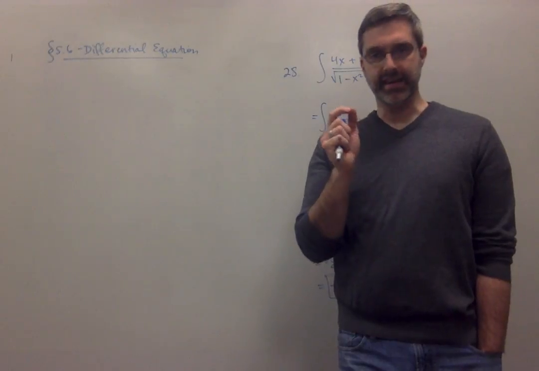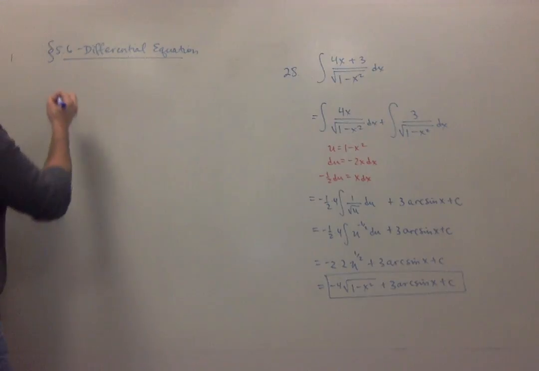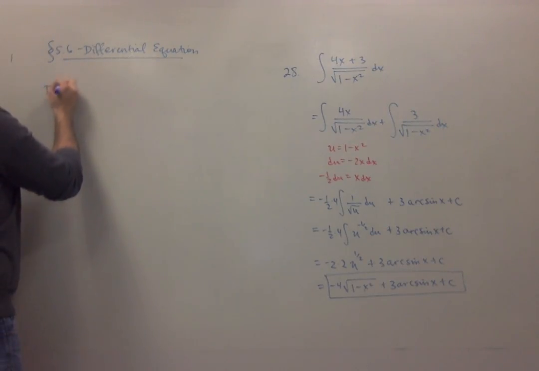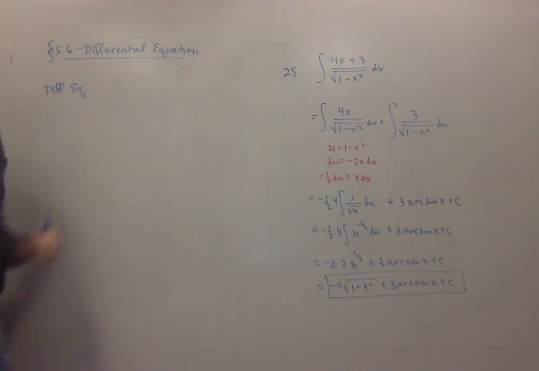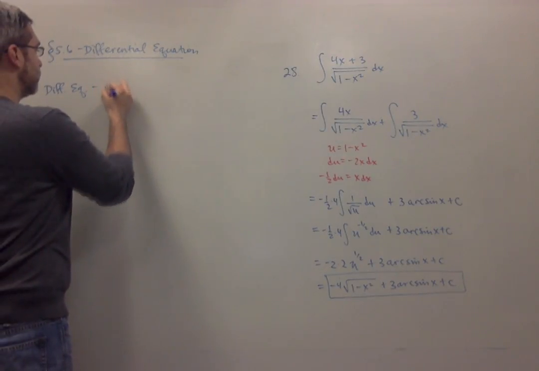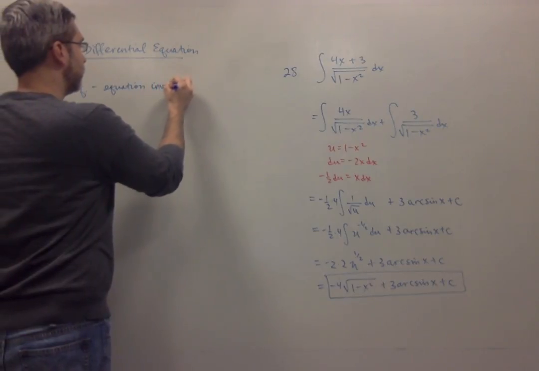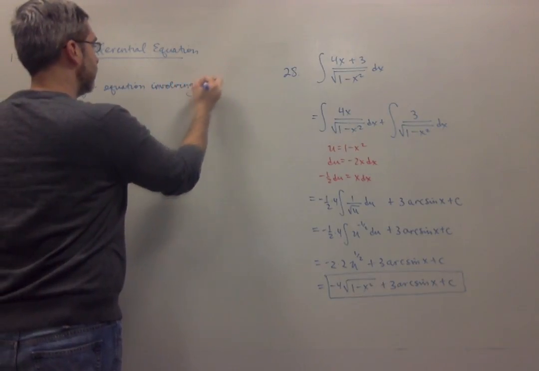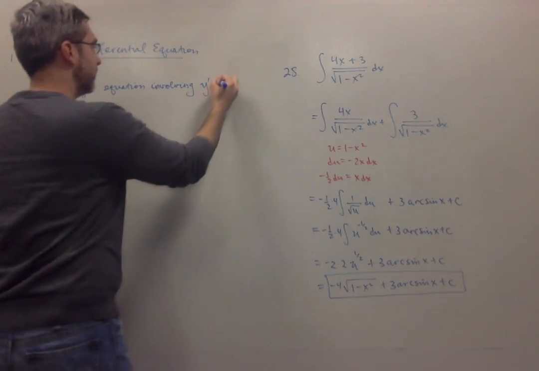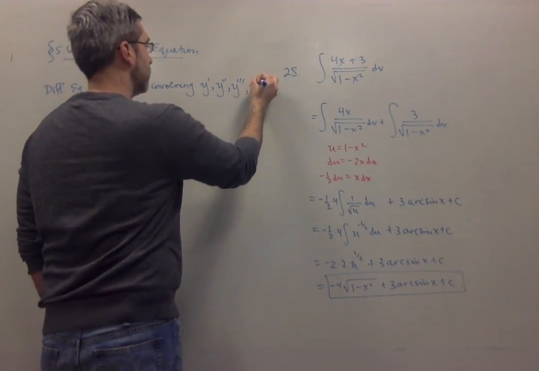The idea is a differential equation, which we'll often abbreviate as DE or diff EQ. A differential equation is just an equation that involves the derivative of y or some higher derivative of y.